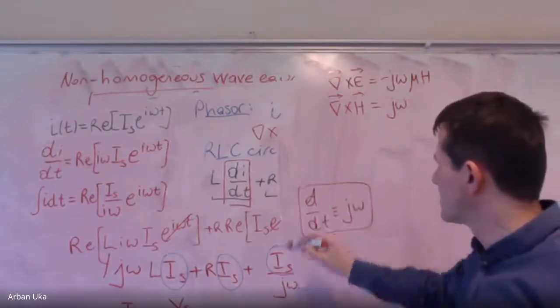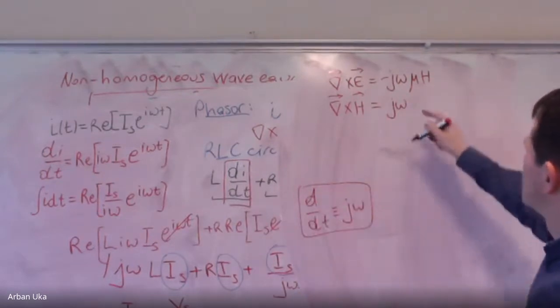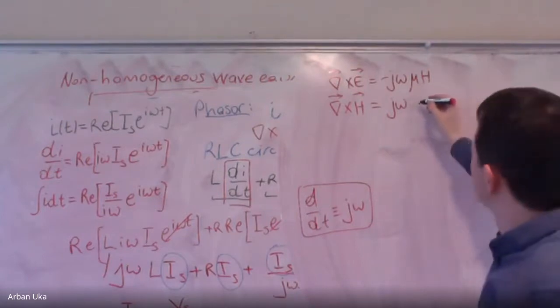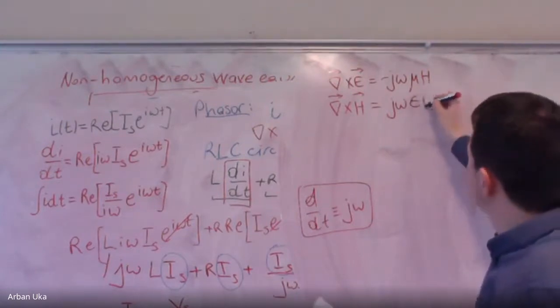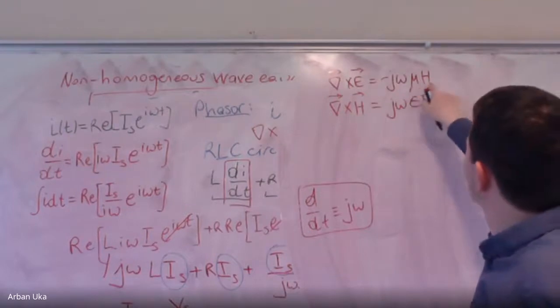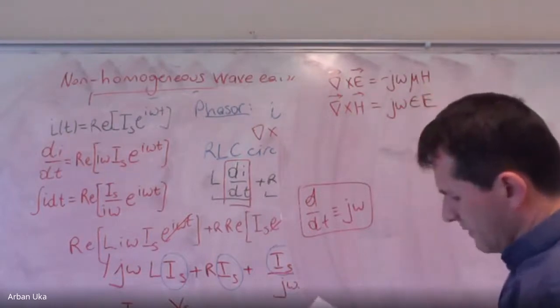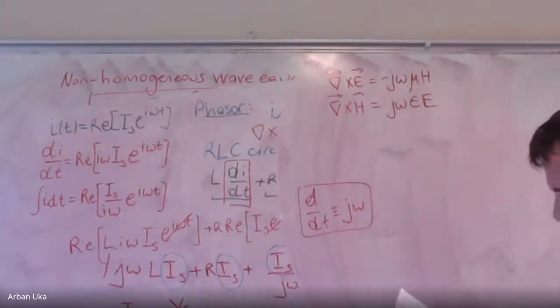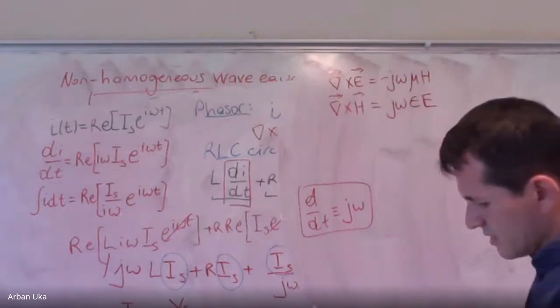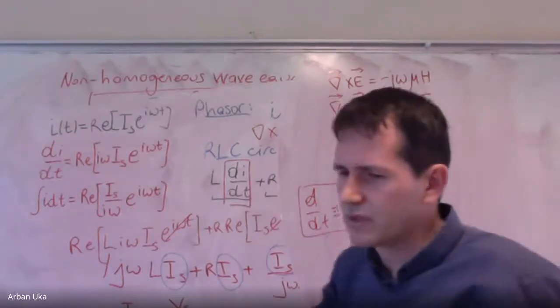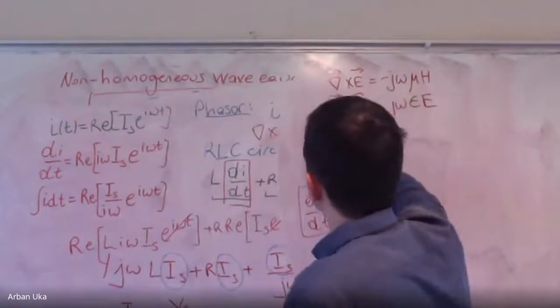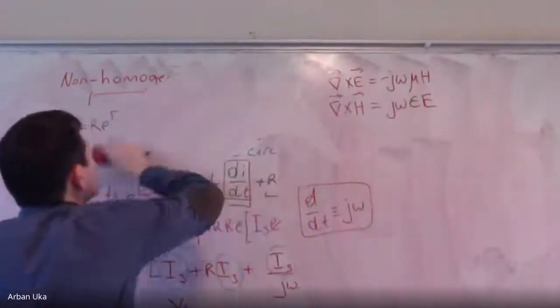So you can write this somewhere. And this is j omega, and this is permittivity times E. These two are fluxes. Okay, so with this new representation of the Maxwell's equations, let's try to make use of these right away.